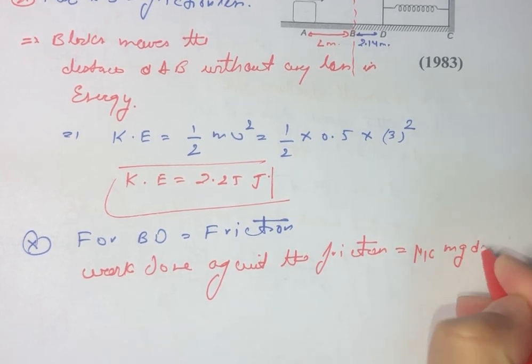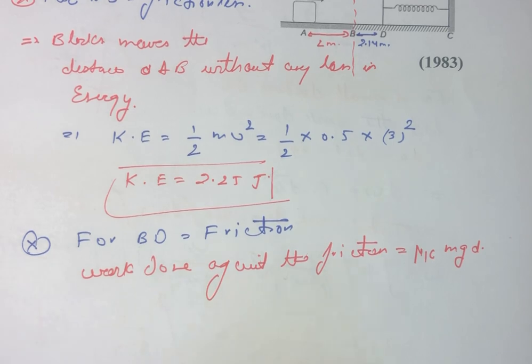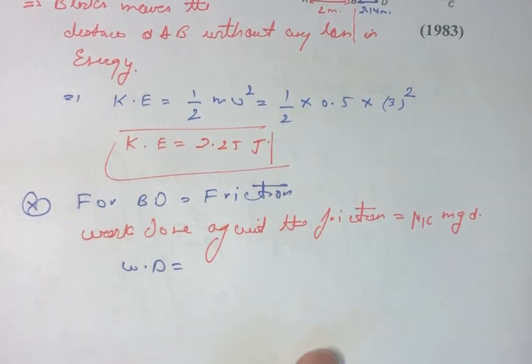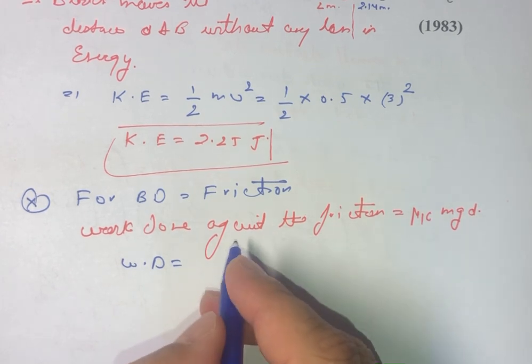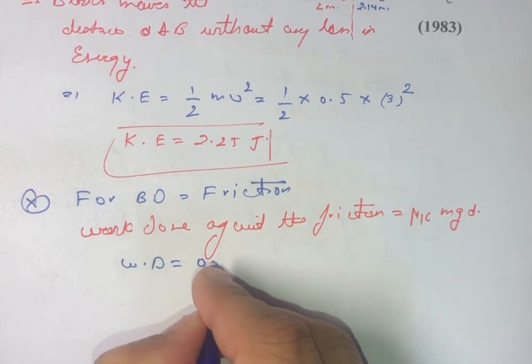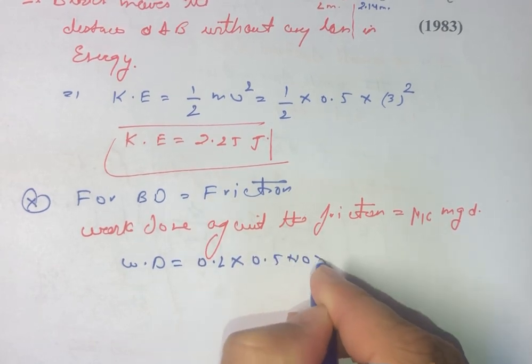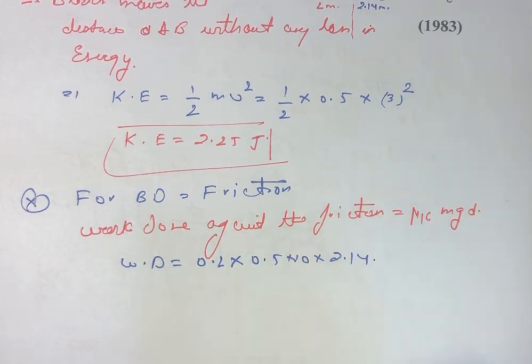Substituting the values, the coefficient is 0.2, mass is 0.5, g is 10, and the distance is 2.14.